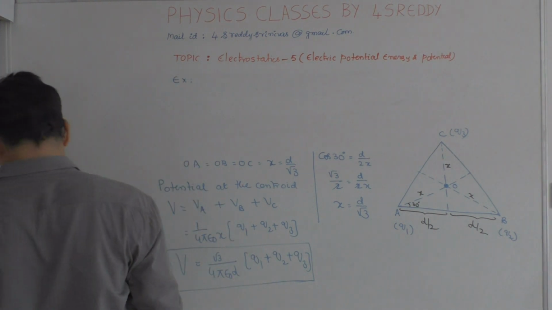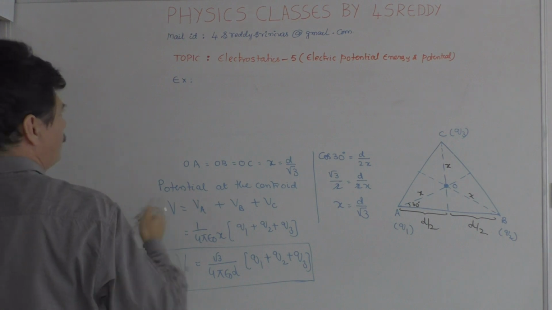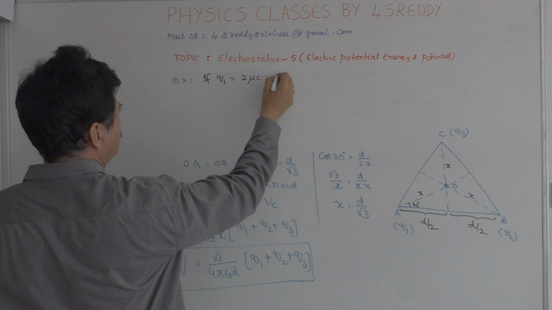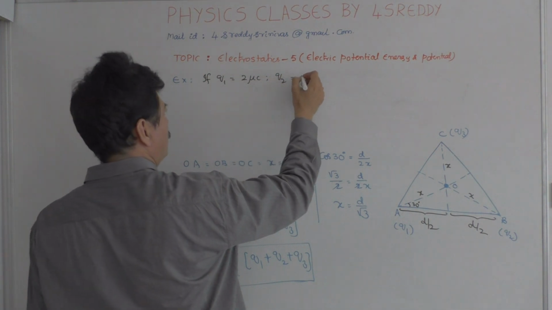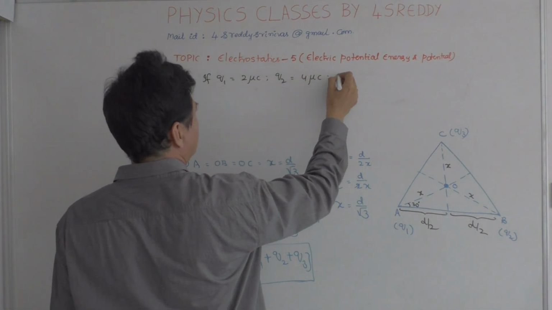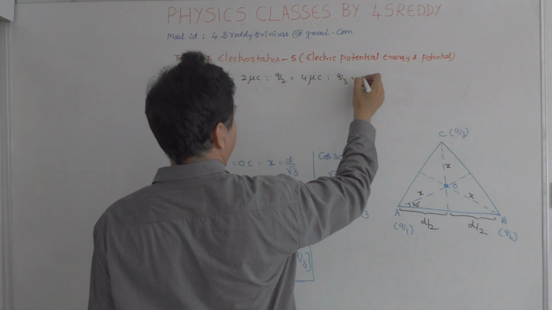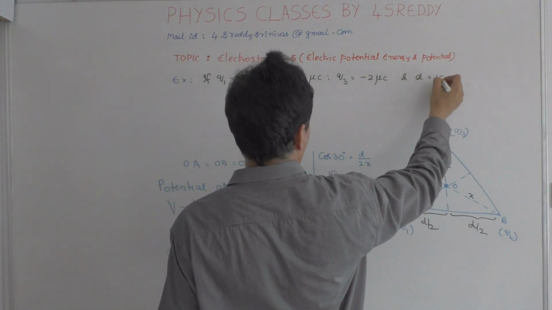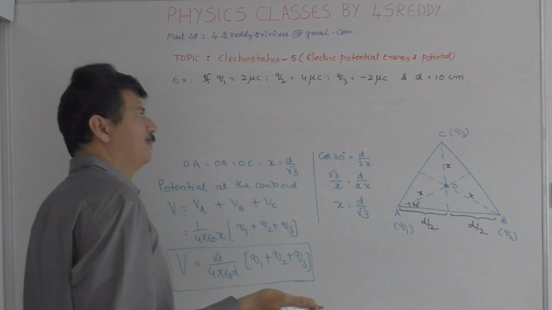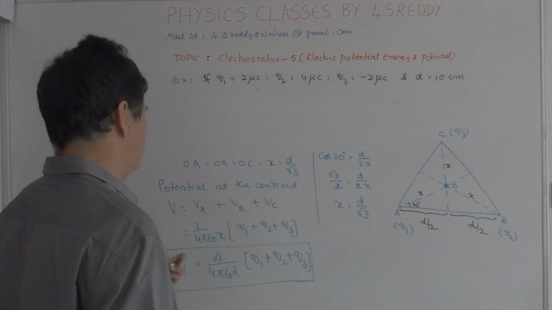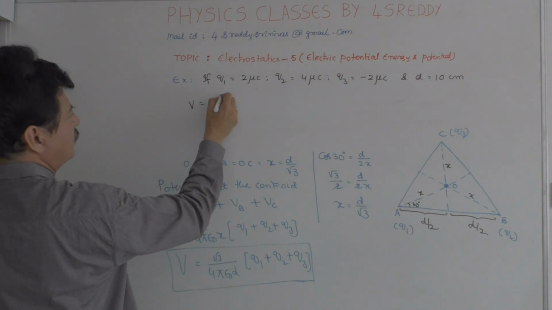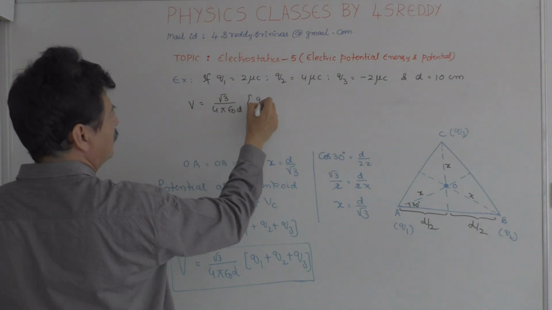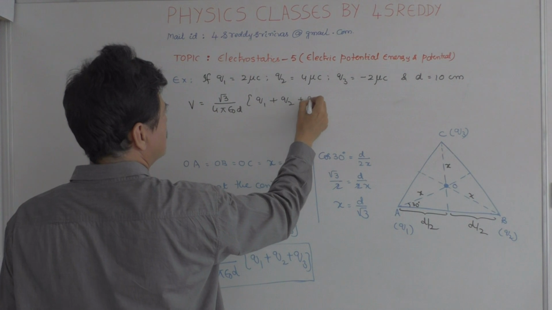Suppose Q1 is equal to 2 microcoulombs, Q2 is 4 microcoulombs, and Q3 is minus 2 microcoulombs, and D is equal to 10 centimeters. Suppose you are given, then how to calculate? Then V is equal to root 3 by 4 pi epsilon naught D into Q1 plus Q2 plus Q3.